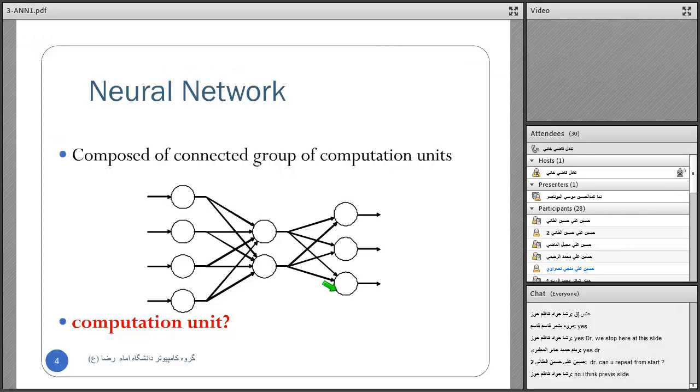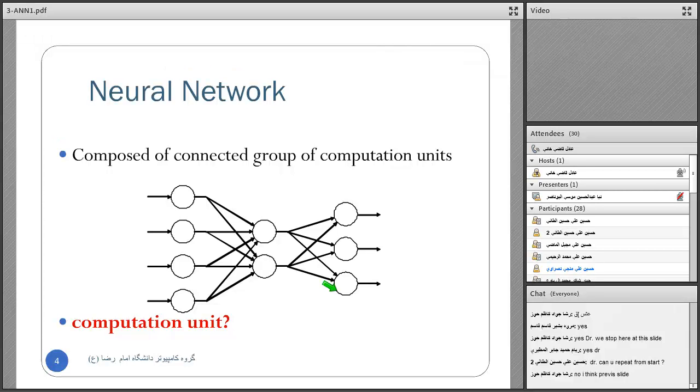Okay. So the neural network is a classifier, and this is the general structure of the neural network.